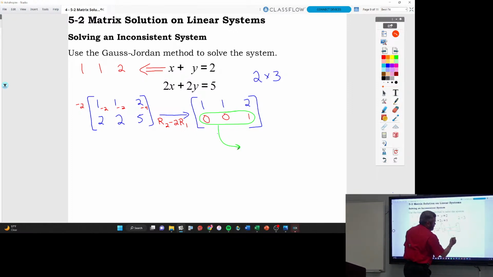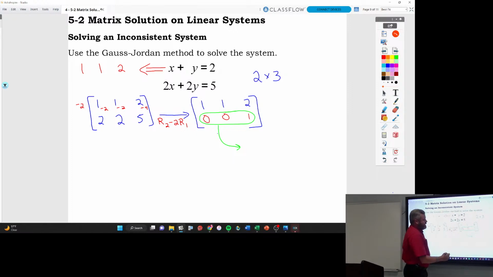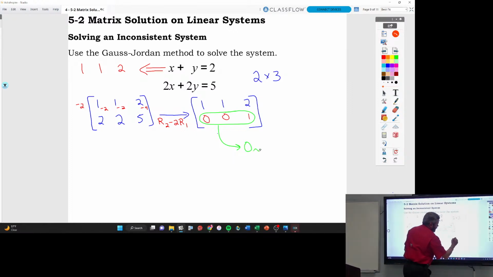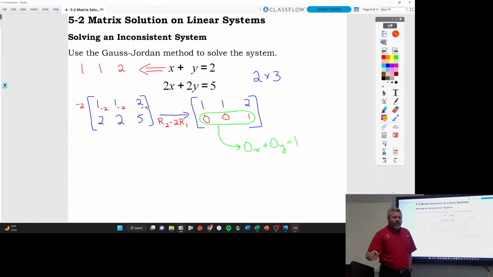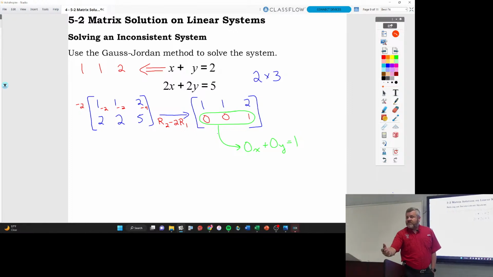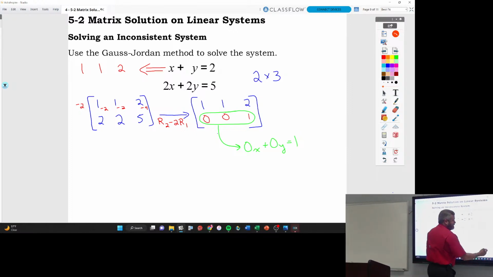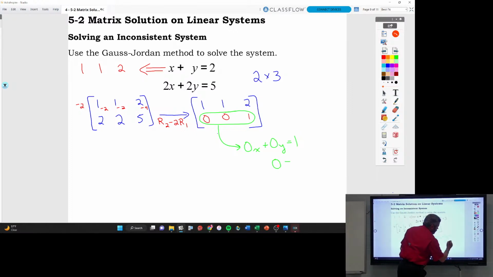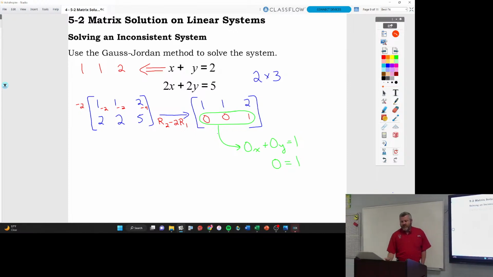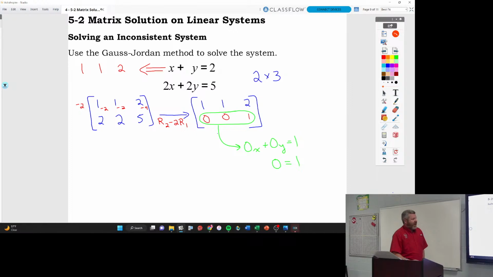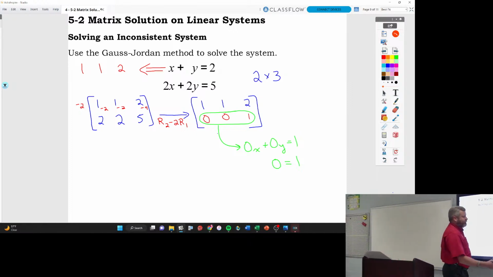What I'm telling you with that 0, 0, 1 is that 0x plus 0y equals 1. Well, if I have 0 x's, that means I have nothing. If I have 0 y's, that means I have nothing. And if I have nothing plus nothing, I still have nothing. So this line is telling me that 0 is equal to 1. And hopefully you appreciate that that's definitely not true.